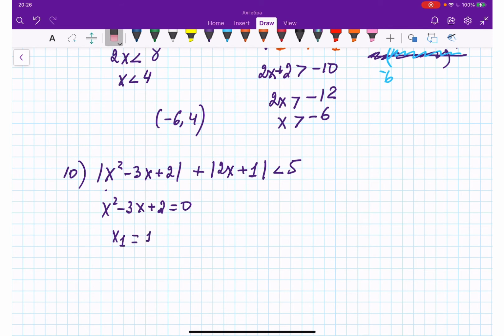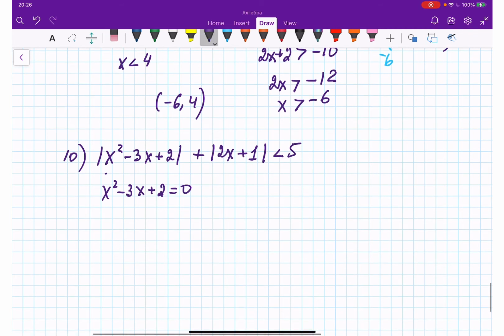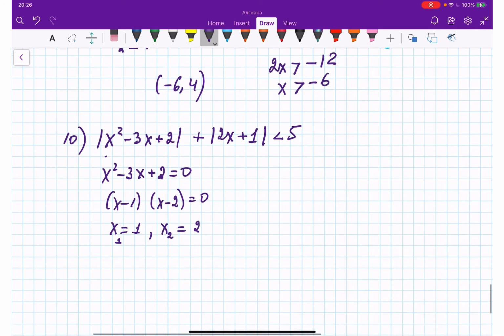Let me break it down: it's going to be x minus 1 times x minus 2 equal to 0, right? -1 times -2 is 2, and -1 plus -2 is -3. From here, x1 is equal to 1 and x2 is equal to 2, right?